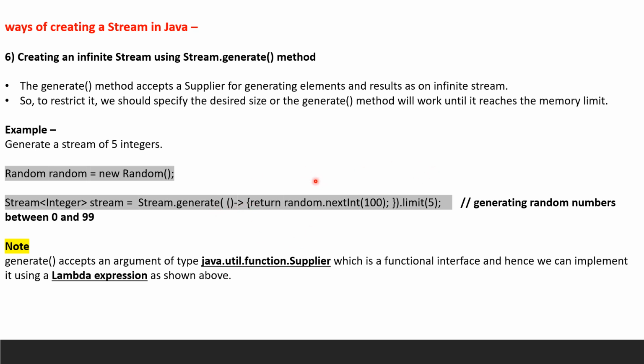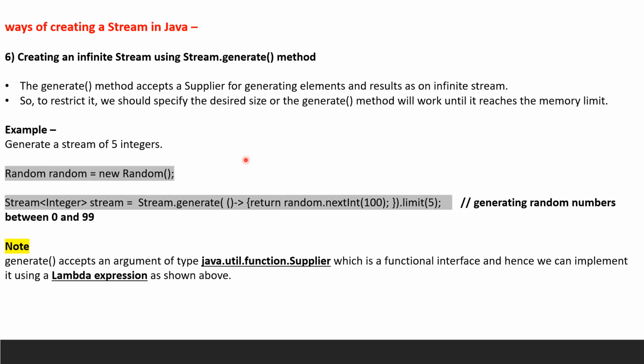The generate method accepts a supplier. It has to accept it in order to generate elements, and as a result it returns an infinite stream to us.